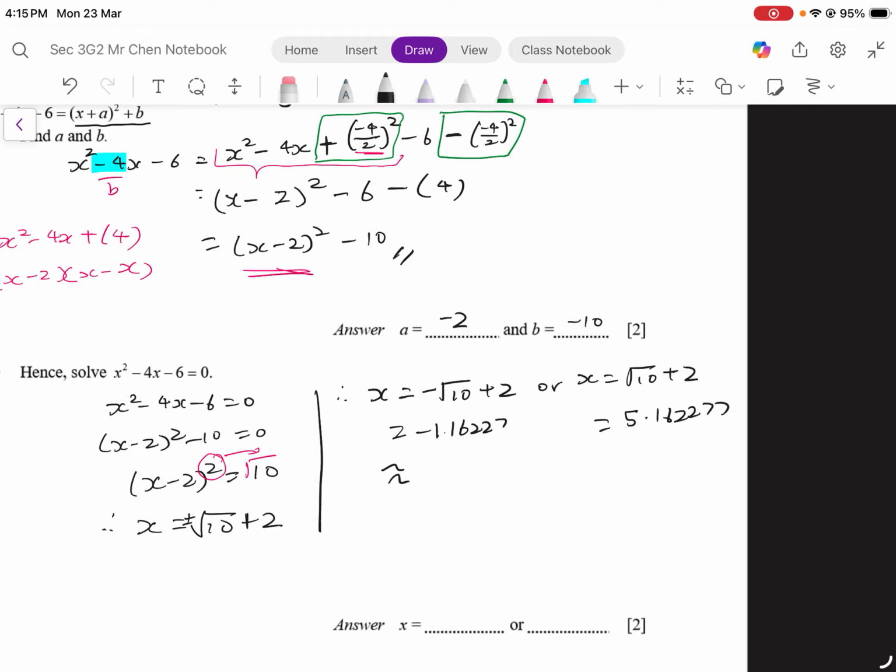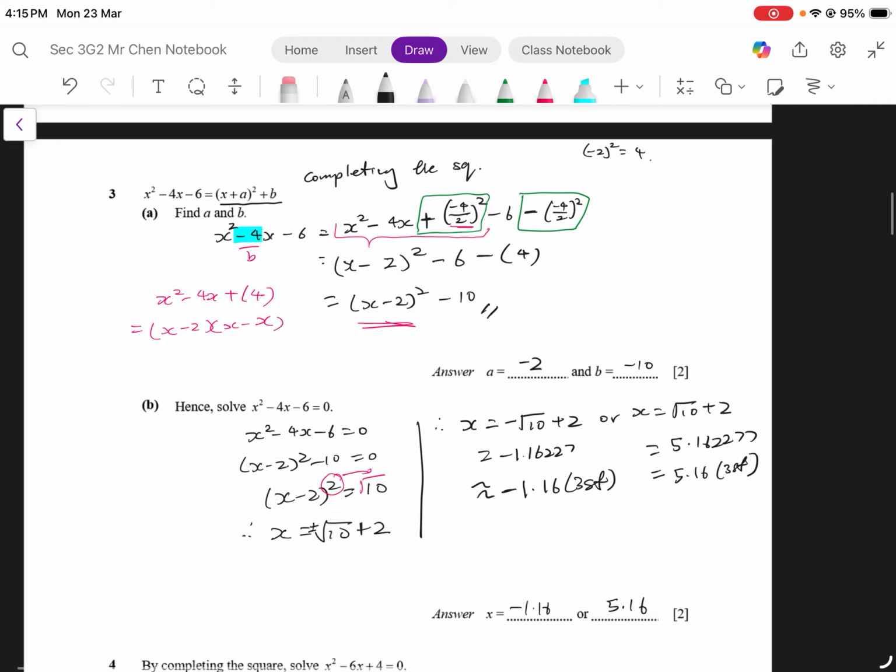Can you round up to 3 significant figures because it's not exact? 1.163 SF or 5.163 SF. So you get 5.16 or minus 1.16.